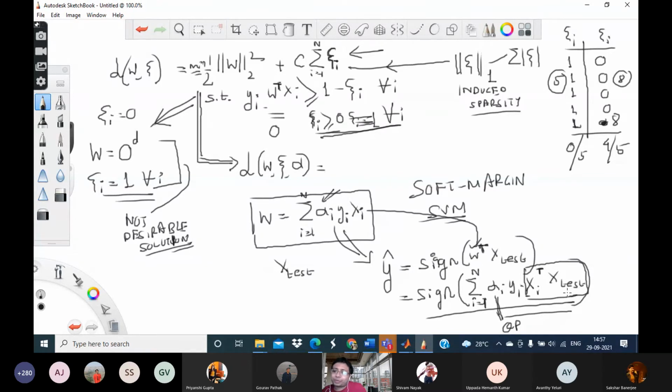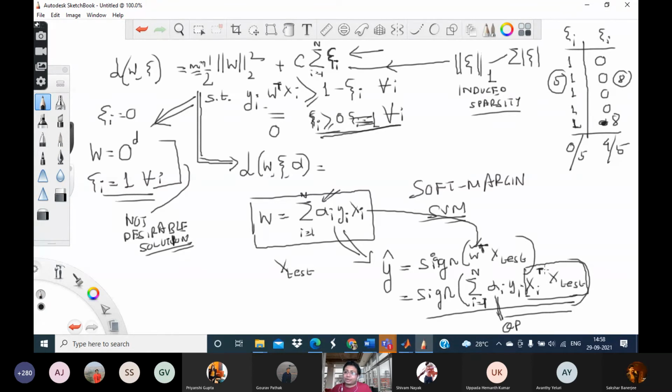So when I am trying to classify this x test, if I know the numerical value of W as a vector, I do not have to actually do this, but what I am effectively doing is as follows. I am taking the test point to all of the n training points, calculating their dot product, multiplying that dot product with the class label yi as well as the corresponding alpha i, and adding them up.